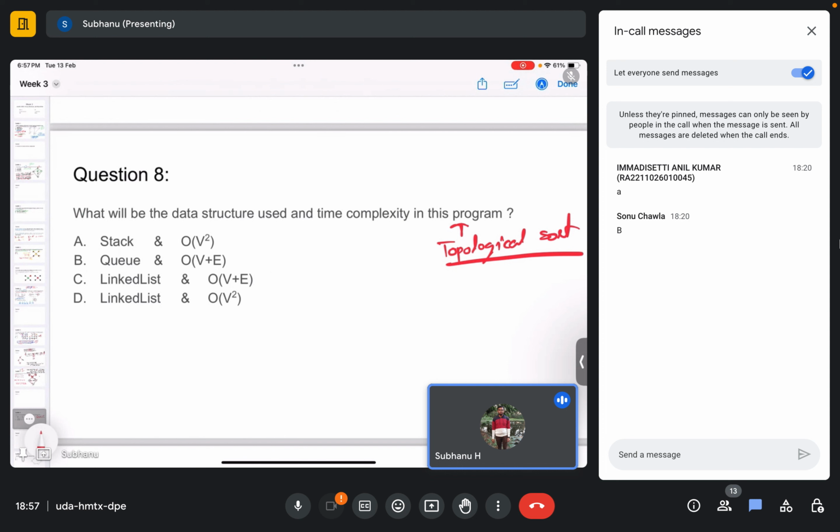So how can you do this algorithm basically?